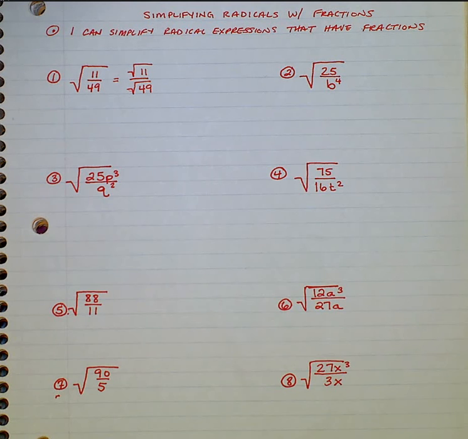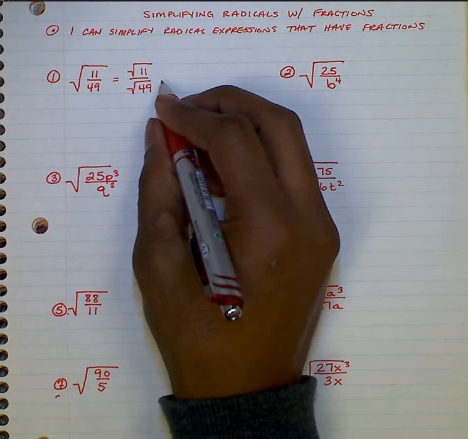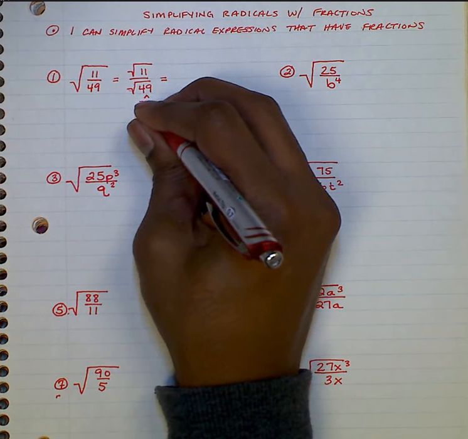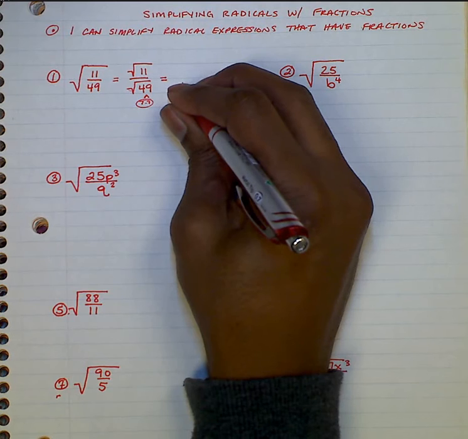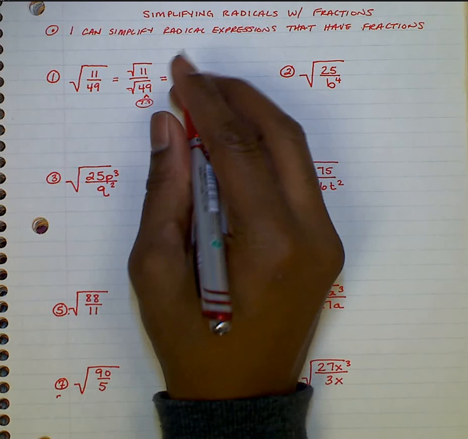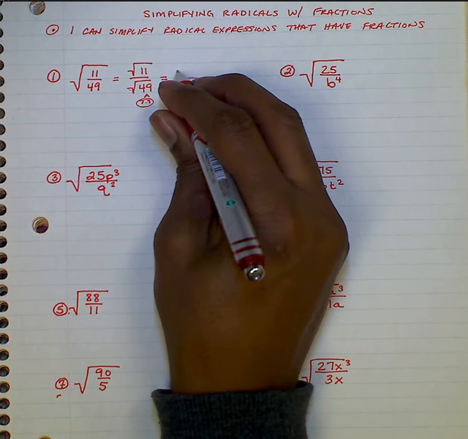Okay. And that helps us in this case because, well, 49, if you remember from your list of perfect squares, is a perfect square. 49 breaks down into 7 and 7. And so in our denominator now we have 7. No radical. Got it out of the radical. In our numerator, radical 11. We can't do anything with that.